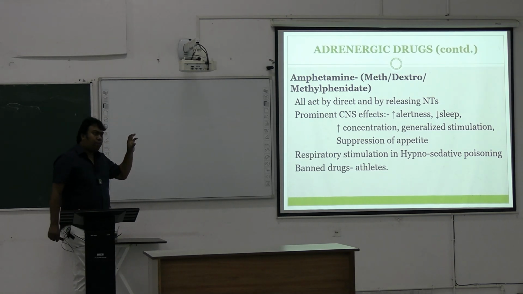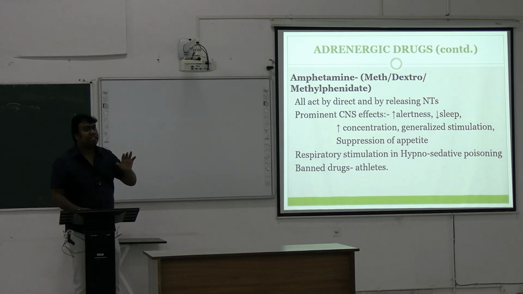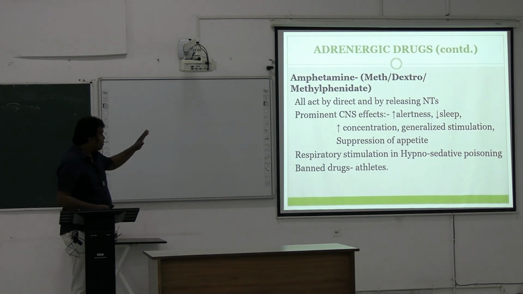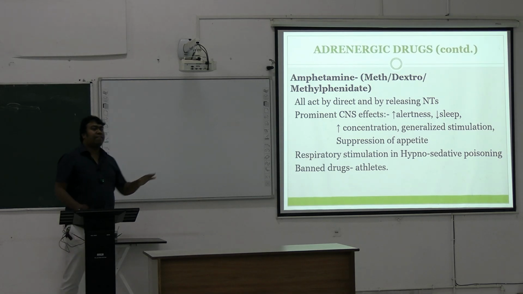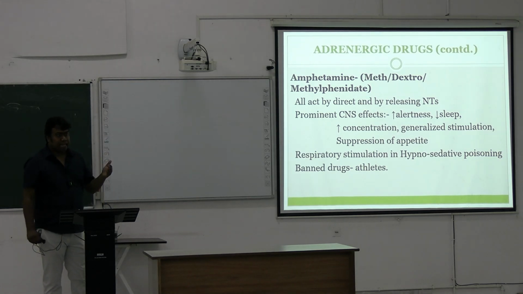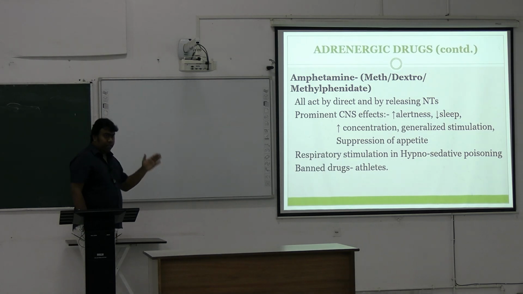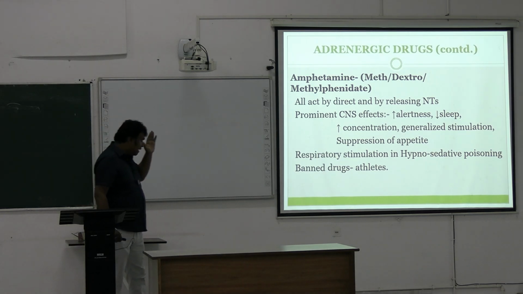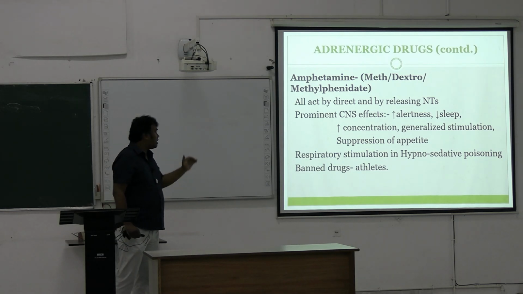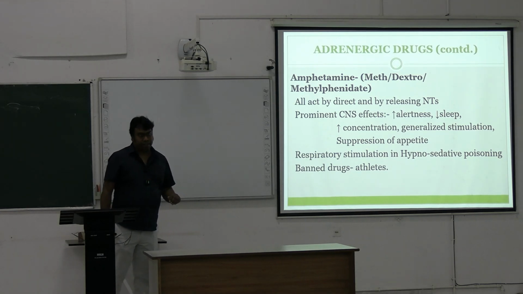Their action is more prominent for the CNS. For adrenaline, noradrenaline, CNS action is not important. But their substitute like amphetamine has a very important CNS action. And what are the CNS actions? Increase alertness, reduce sleep, increase concentration, generalized stimulation, and suppression of the appetite.